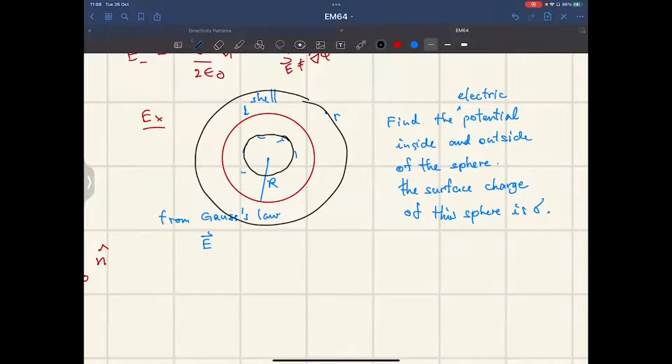We can do both. If we create this Gaussian surface here, for r outside the shell, and this one is the Gaussian surface for r inside, okay.